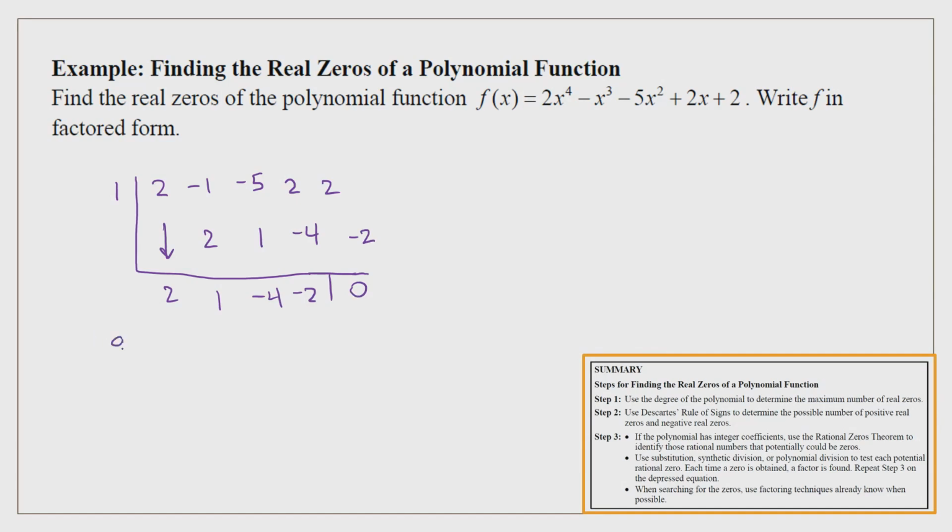So our quotient, which is our depressed polynomial, comes out to be 2x to the third plus x squared minus 4x minus 2. Okay. So we can now continue testing this polynomial with another potential 0, or we can use other methods like the factor form.